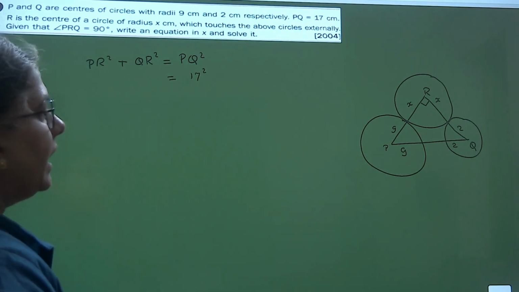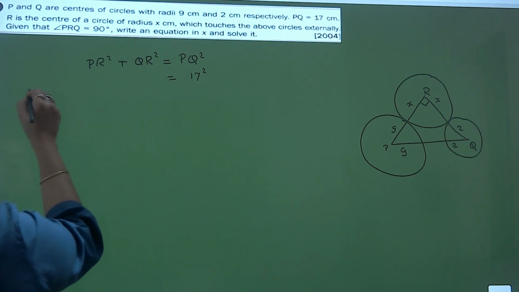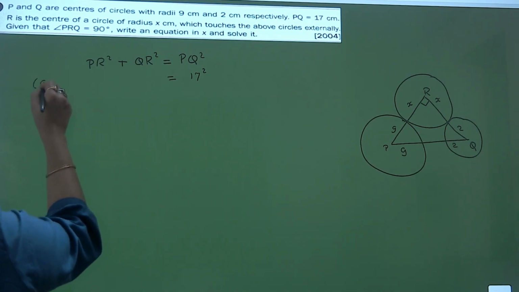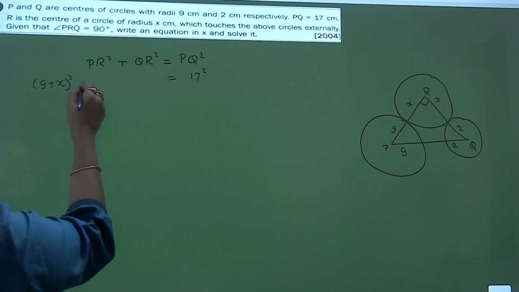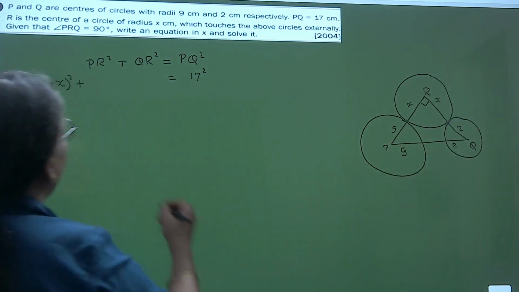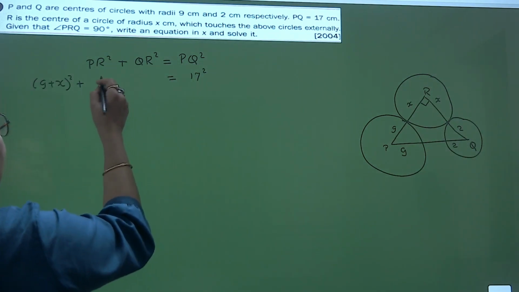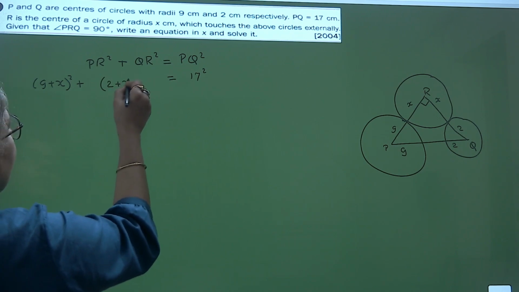And PR can be written as 9 plus x, so we can write (9 plus x) whole square plus, then QR is 2 plus x, (2 plus x) whole square.